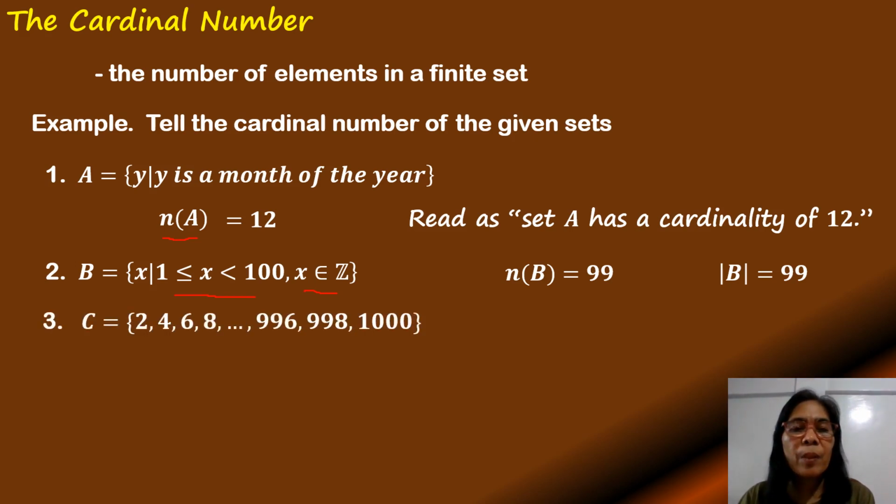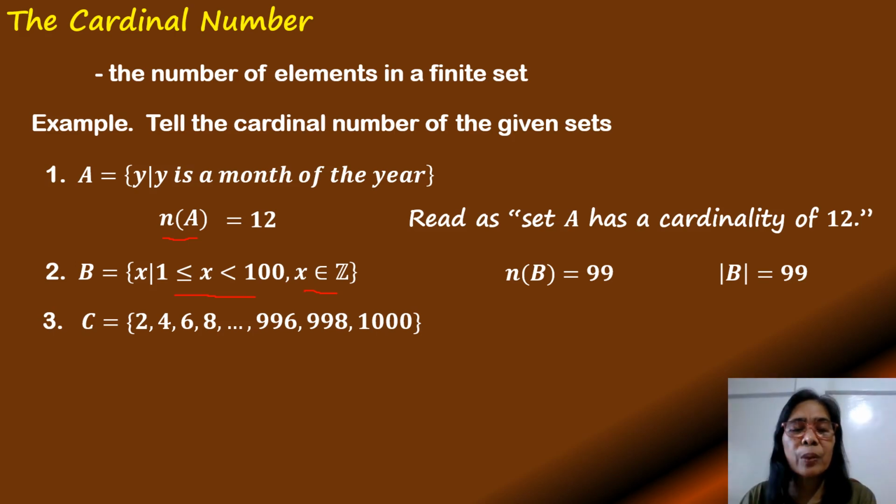C is the set of numbers 2, 4, 6, 8. You see these three dots again. This one tells us that there are numbers which are not written in the set having the same description as 2, 4, 6, 8. And then we have 996, 998, then 1000. So set C, therefore, if we look at the numbers written, is the set of all even numbers from 2 to 1000.